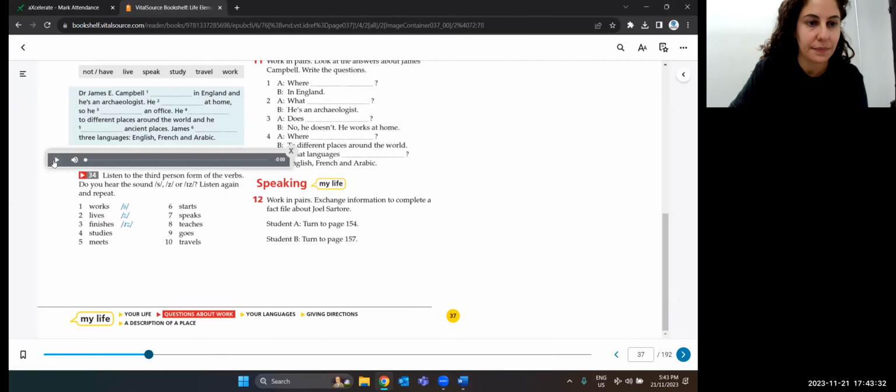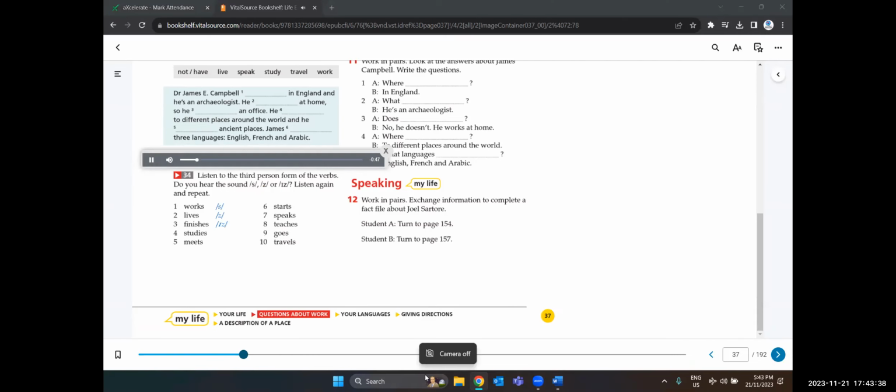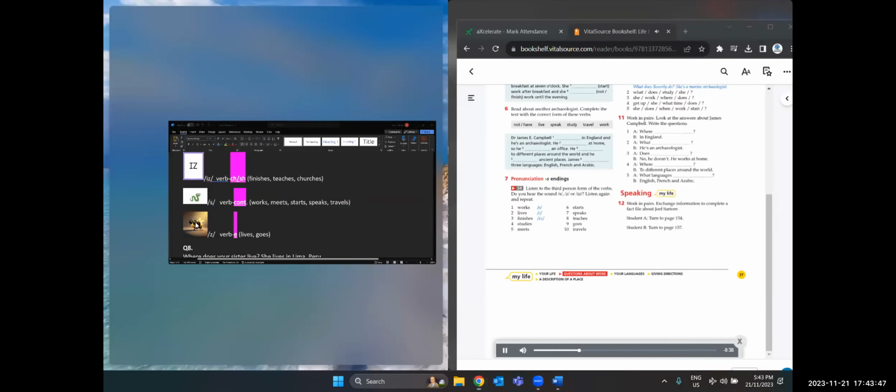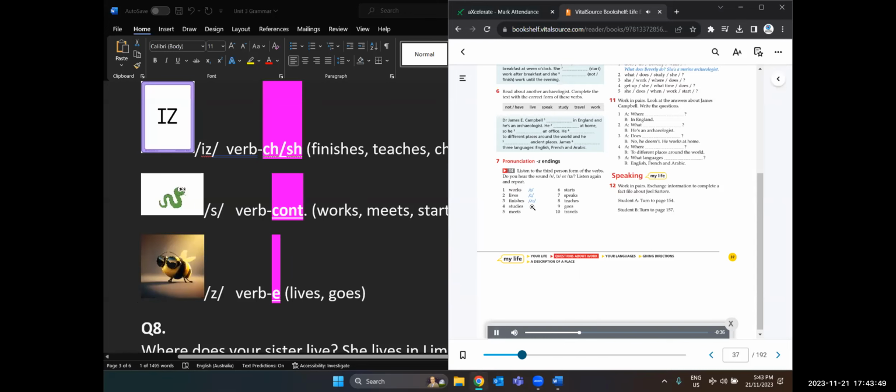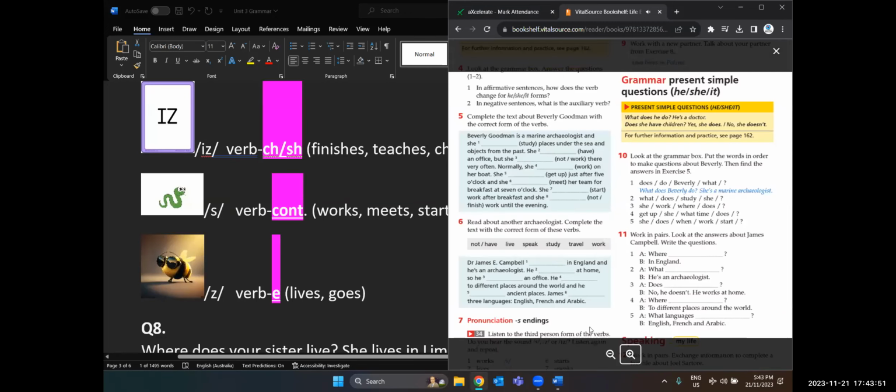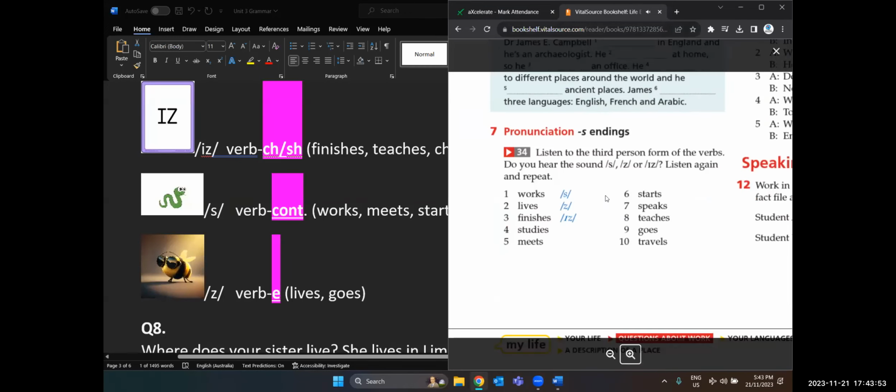Track 34. Unit 3B. 1. Works. 2. Lives. 3. Finishes. 4.